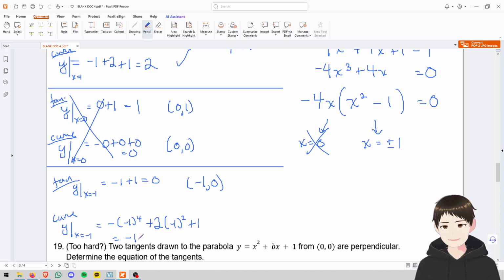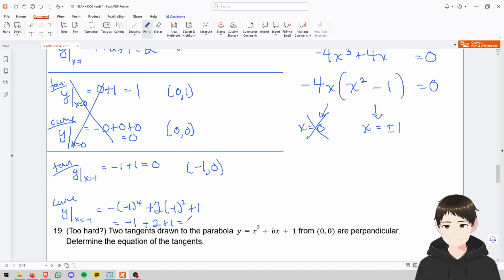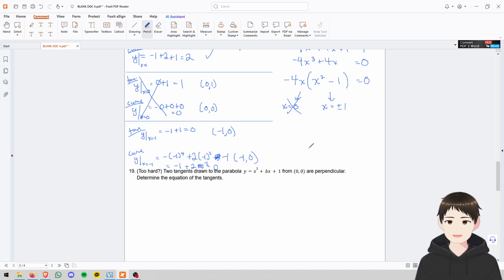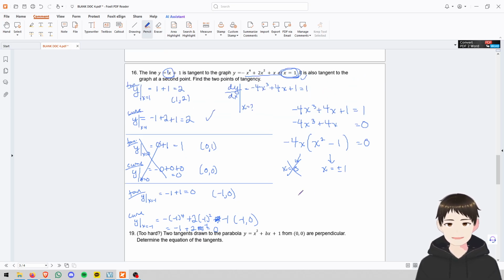So that would be -1 plus 2 plus 1. That would, wait a minute, am I doing something wrong? Oh, that would be a -1, sorry. So that would be a 0. Okay, so -1, 0 does agree. So the second point of tangency is x equals -1.